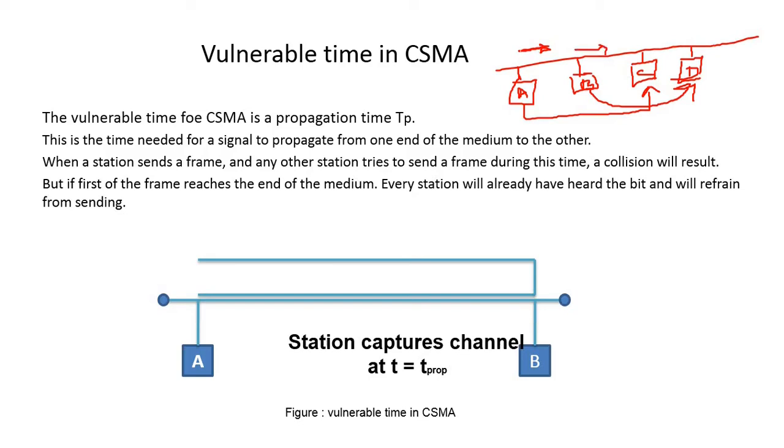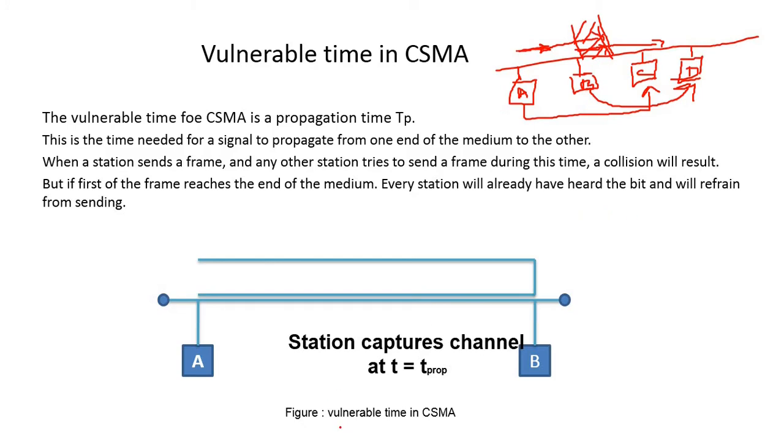But A has already started the transmission, so B's data goes towards D while A's data is coming towards C. Whenever this data passes through this portion, it will generate a collision. So that is the limitation of carrier sense multiple access.